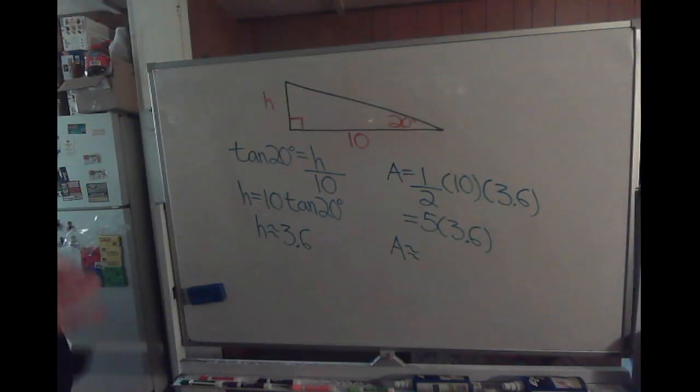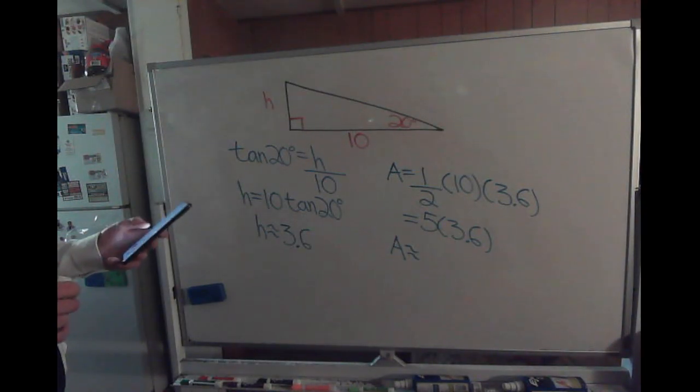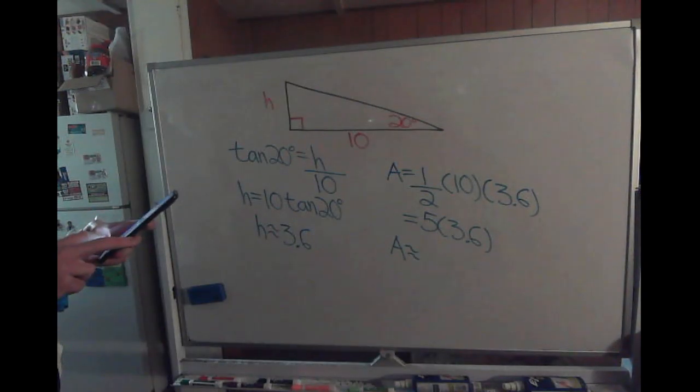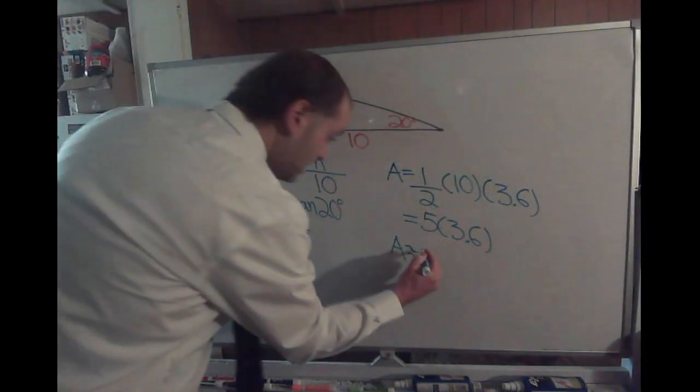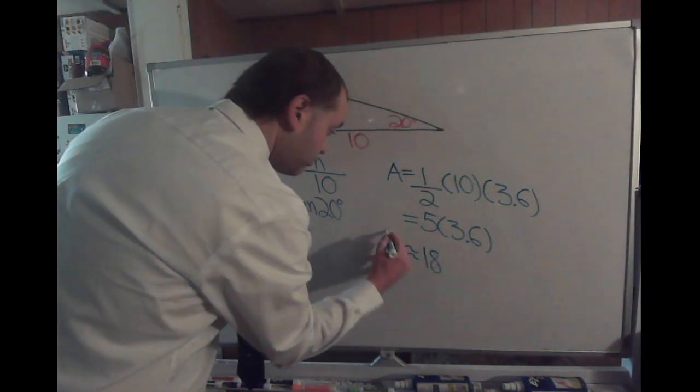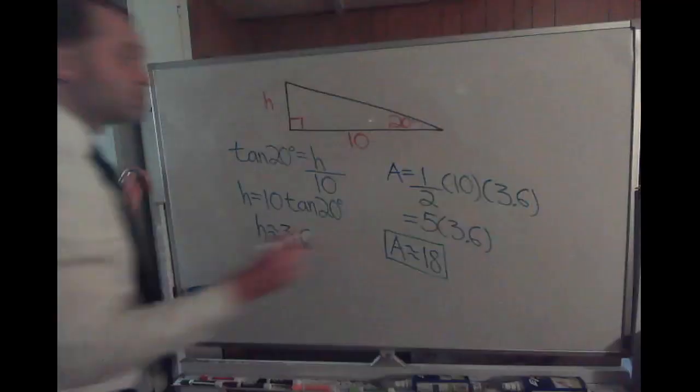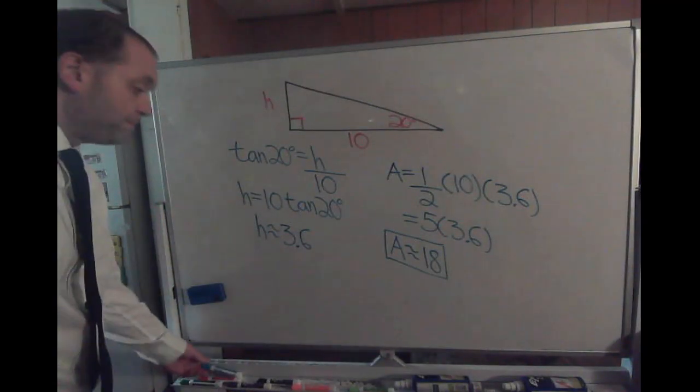It's going to be pretty much impossible to get an exact area, but we can get an approximation. That gives us, well, actually, that would give us 18. So the area is going to be approximately 18 square units for that triangle.